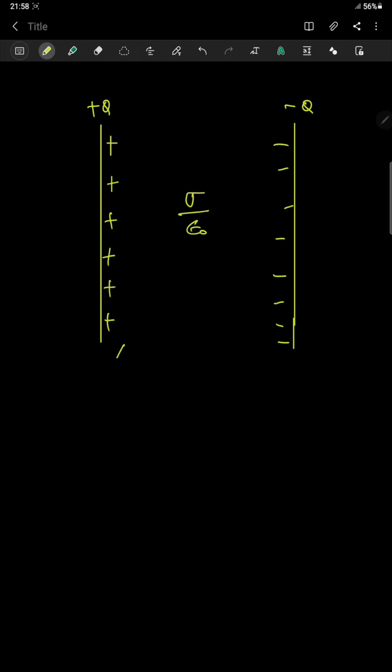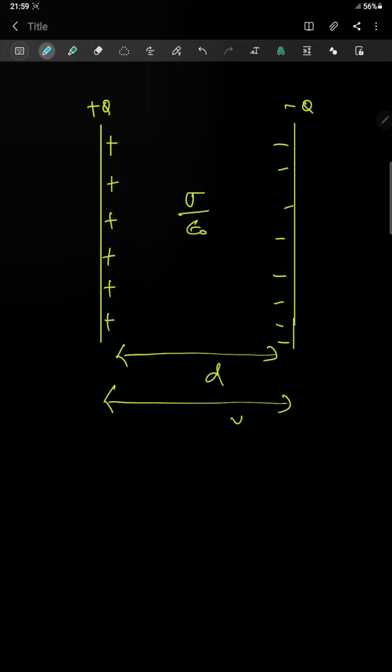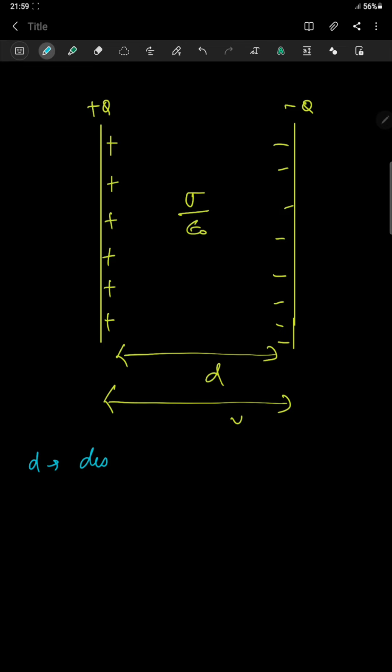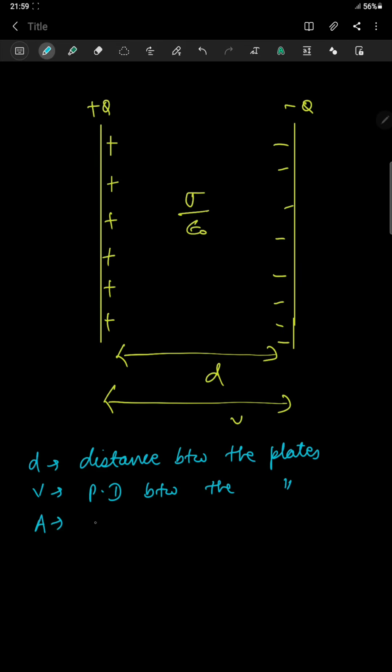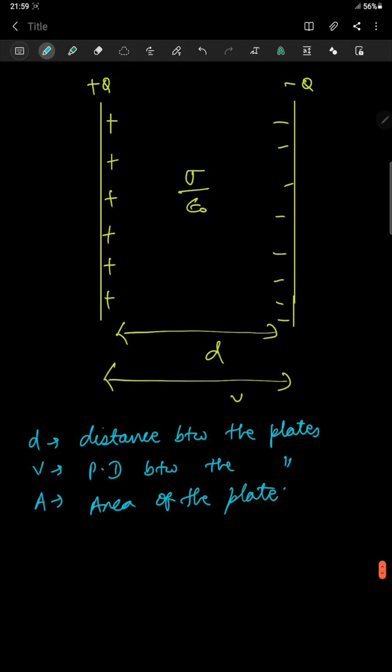The distance between the two plates is small d, and the potential difference between the two plates is V. So small d is the distance between the plates, and V is the potential difference between the plates, and capital A will also be used. Capital A is the area of the plate.